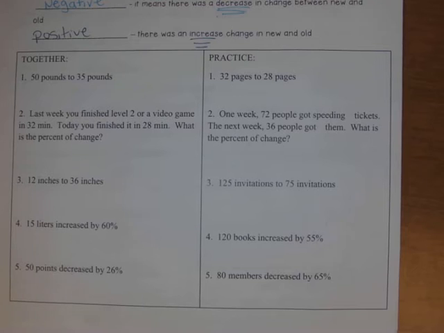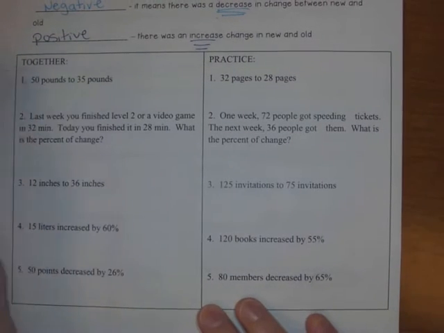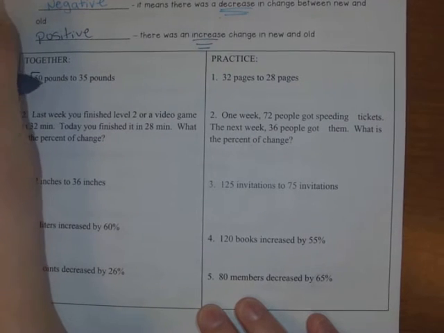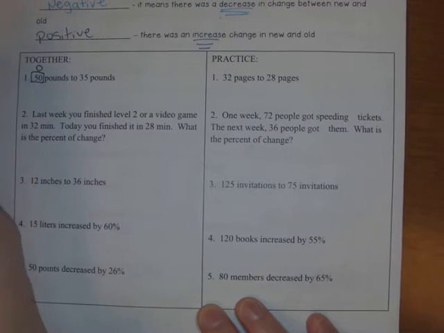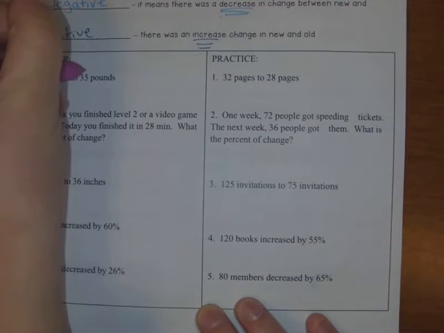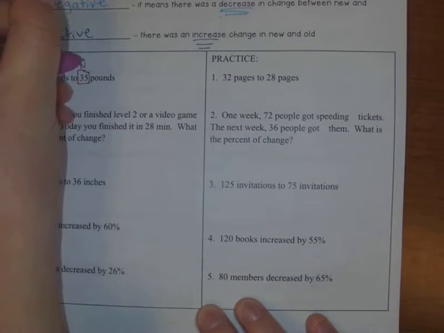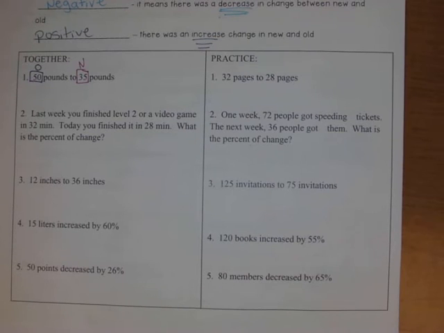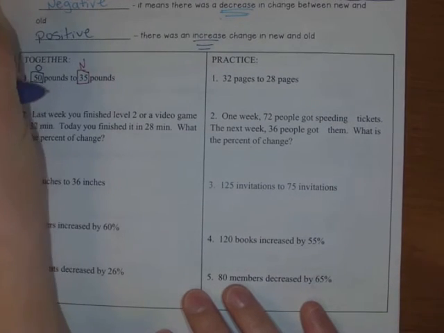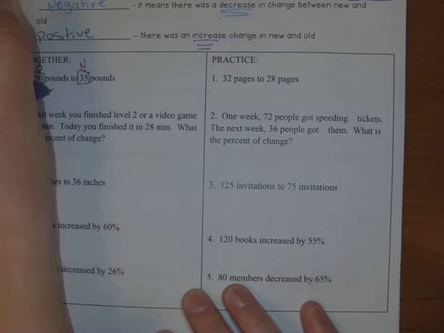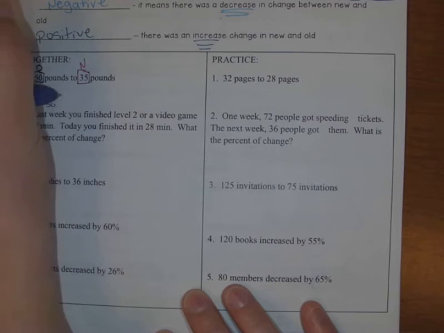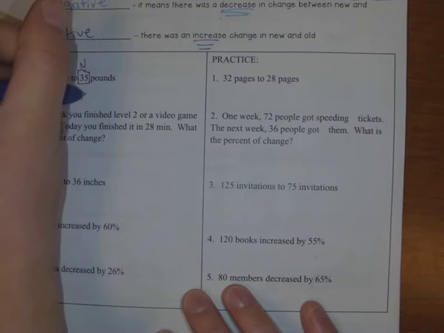Okay, so step 1, I would label it. 50 pounds to 35 pounds. So it's changing. Your old one is 50 and your new one is 35. So it's going to be your new over old: 35 over 50 minus 1 times 100.